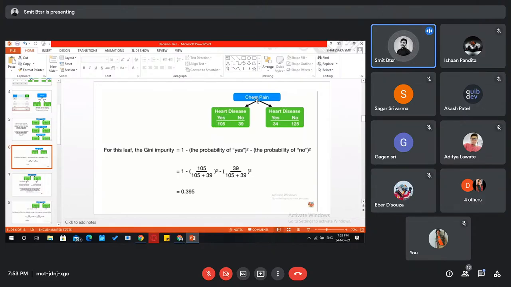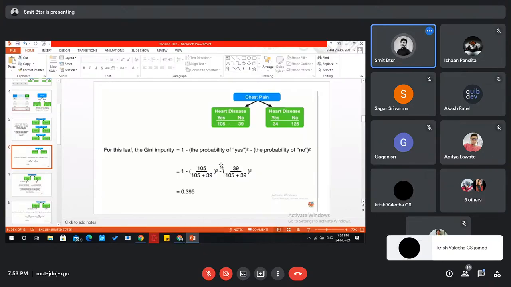Chest pain is there, and there is heart disease, yes and no. This one is no chest pain, and then there is heart disease or not. We have concluded that these two are not pure. None of them are pure relationships, so we now want to find the impurity.